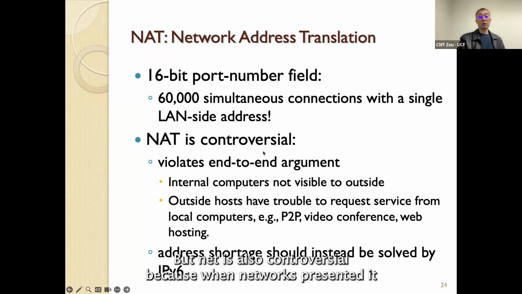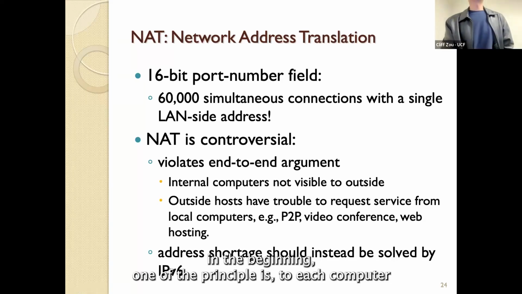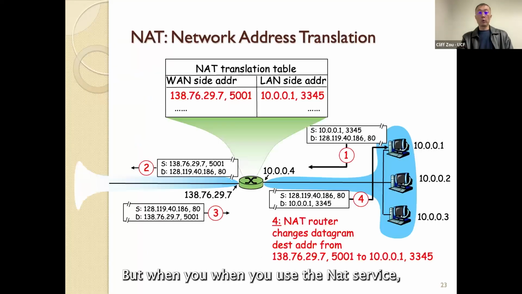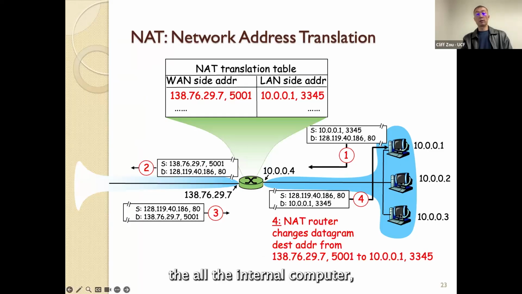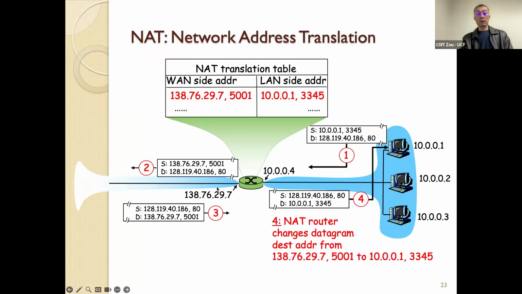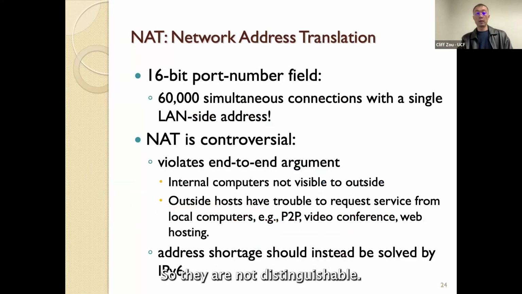But NAT is also controversial, because when NAT was presented, it violated the end-to-end argument for the internet design. One of the principles of the internet design in the beginning is that each computer is uniquely identified by its IP address. But when you use the NAT service, all the internal computers cannot be identified by IP address anymore, because from the global point of view, they all have the single IP address, so they are not distinguishable.